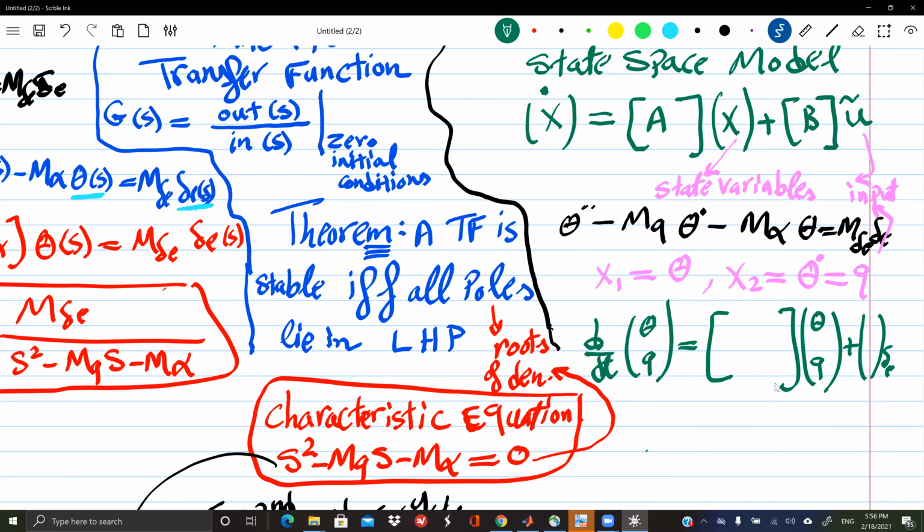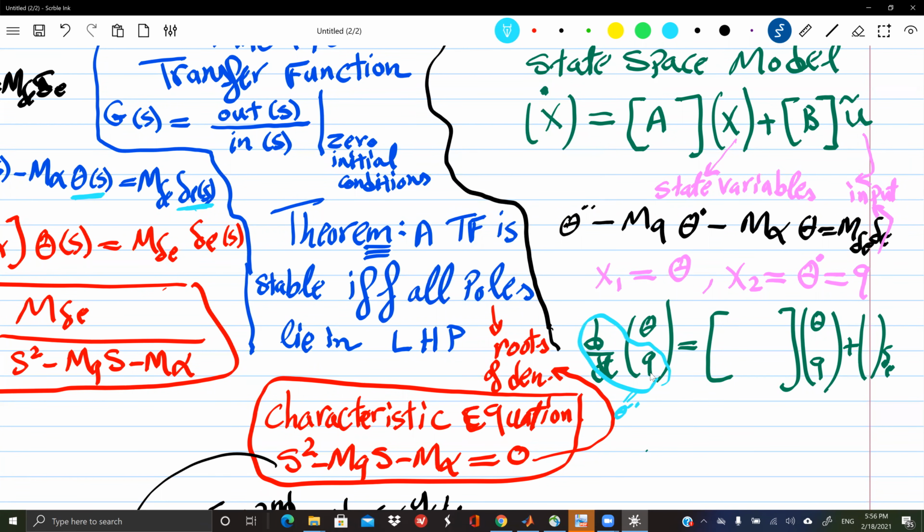Let's do the second equation, the second row, because it's a bit easier. Why? Because what is the second row? This is d by dt for q, and we know that q is simply theta dot. So it's d by dt for theta dot, which is simply theta double dot. So this guy is theta double dot.